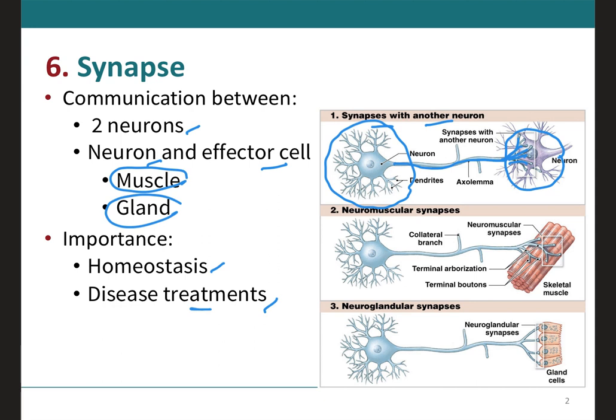In the second example, we have the synapse of a neuron with a skeletal muscle, and we already talked about how this creates what we call the neuromuscular junction. And the third one is the neuroglandular synapse, which, like the name says, is a synapse of a neuron with glands. So let's see how these work in the next few slides.